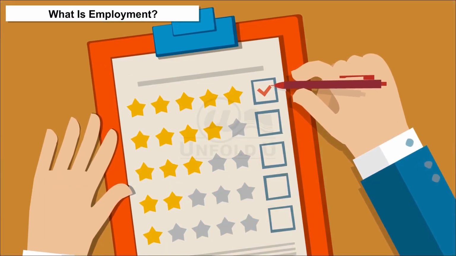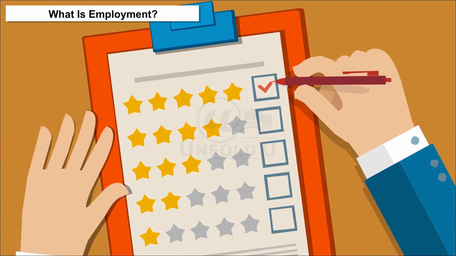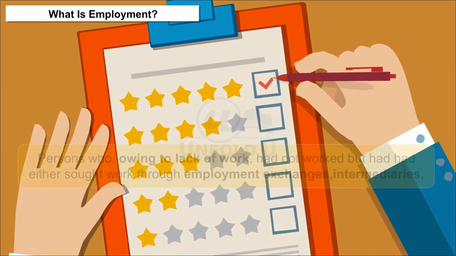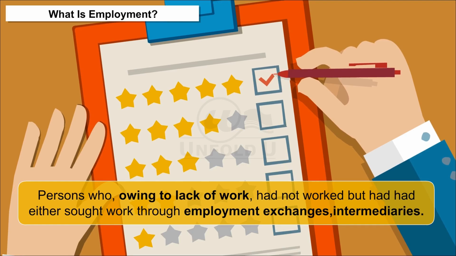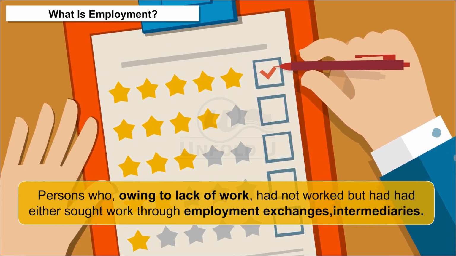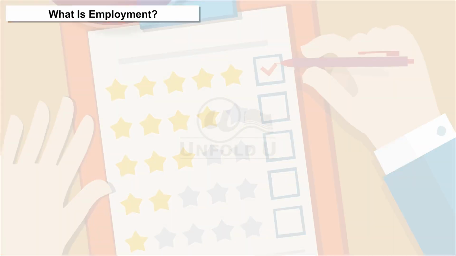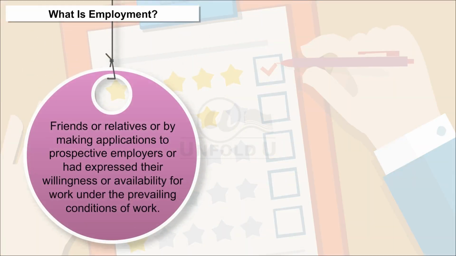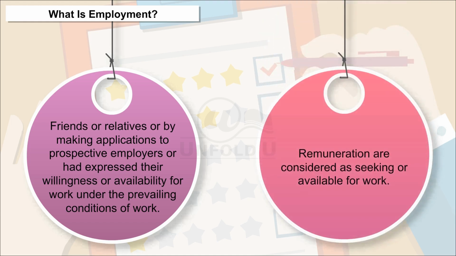Unemployment. According to NSSO, unemployment can be defined as the persons who, owing to lack of work, had not worked but had either sought work through employment exchanges, intermediaries, friends or relatives, or by making applications to prospective employers, or had expressed their willingness or availability for work under the prevailing conditions of work and remuneration, are considered as seeking or available for work.